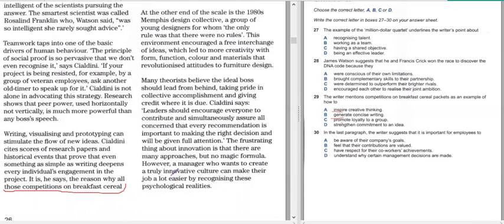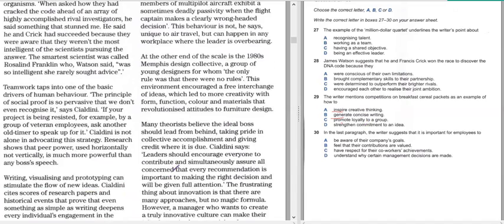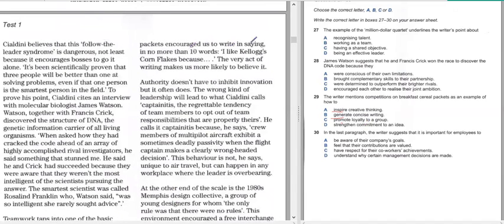He says the reason why all those competitions on breakfast cereal packets encourage us to write in saying in no more than 10 words: the very act of writing makes us more likely to believe it. So don't you think it's concise writing? Actually, I chose B, it is incorrect. You thought that it's the very act of writing makes us more likely to believe it. Yes, sir. Actually, I was confused between A and B.